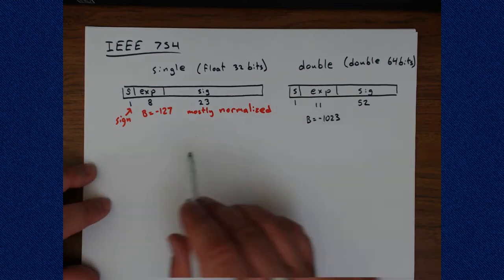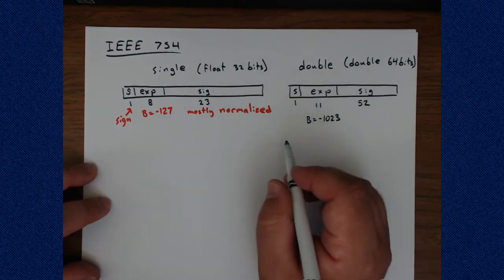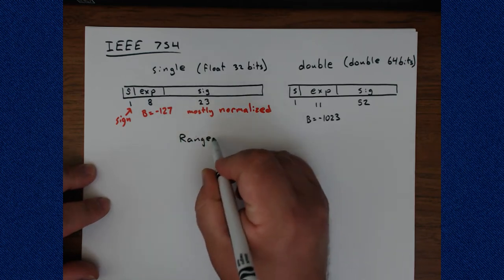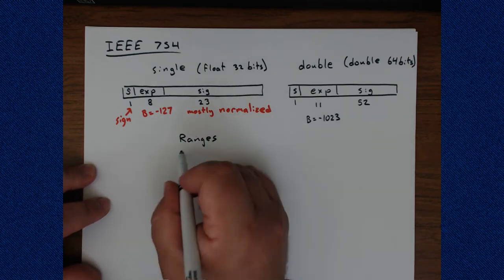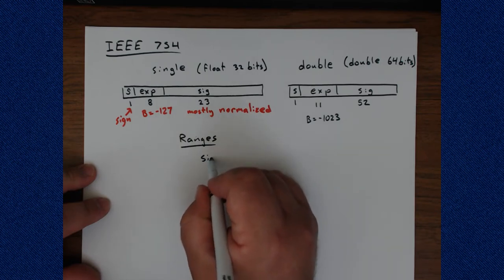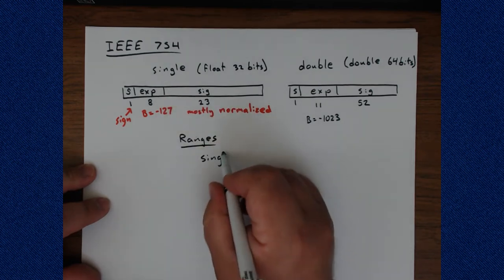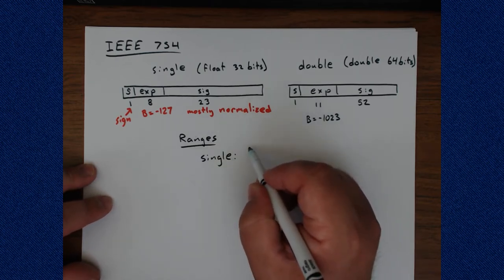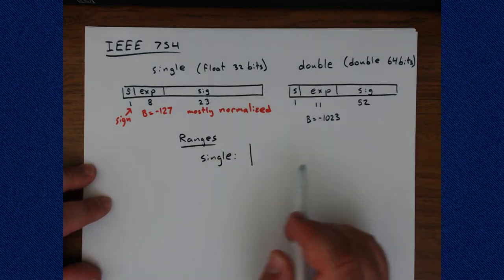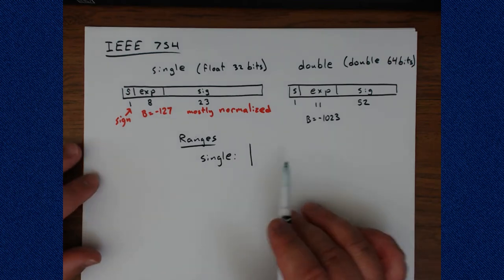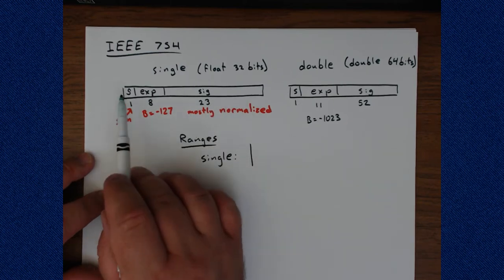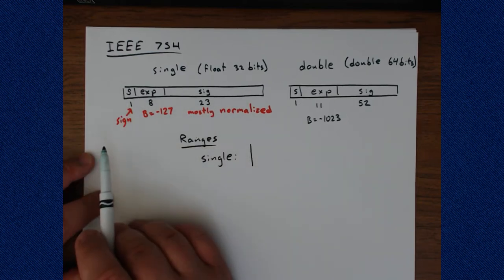Now the ranges for these are extreme, really. So if we're talking about the single type, this one up here that is only 32 bits, there is the magnitude range. I'm going to make some absolute value signs here, mainly because whatever value you can represent, you can also have the negative of it by just changing the sign bit.